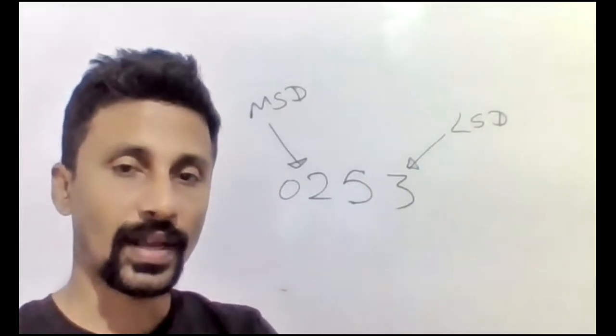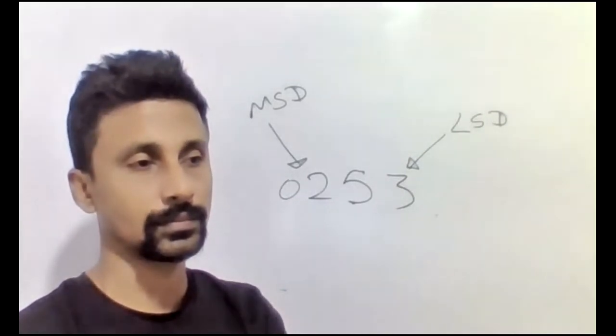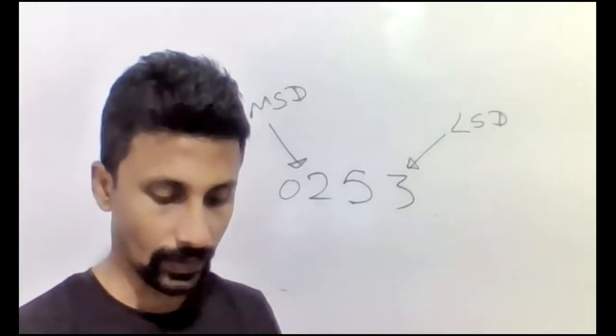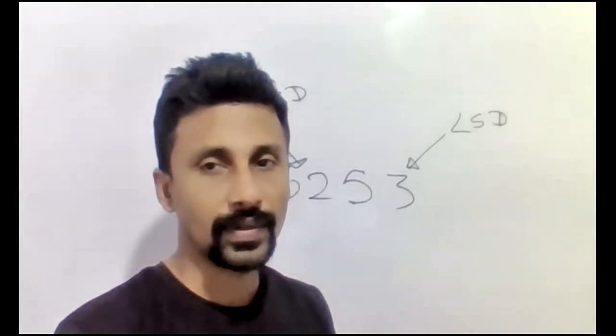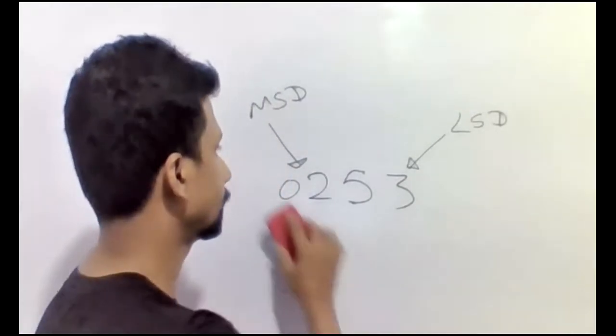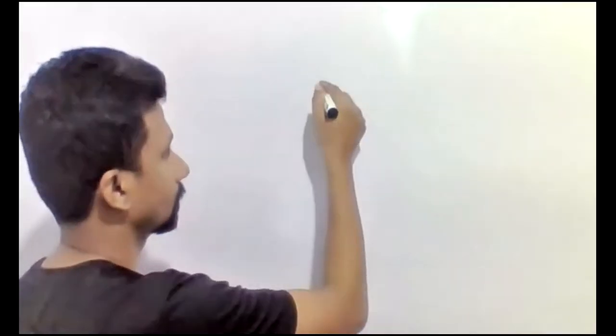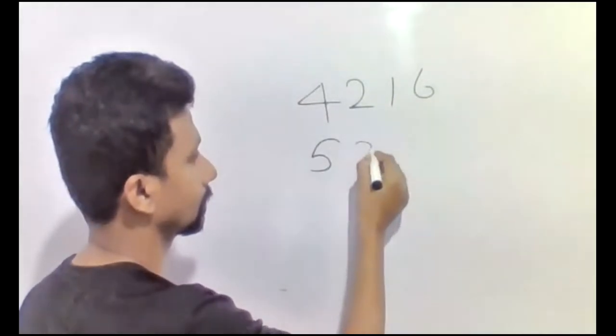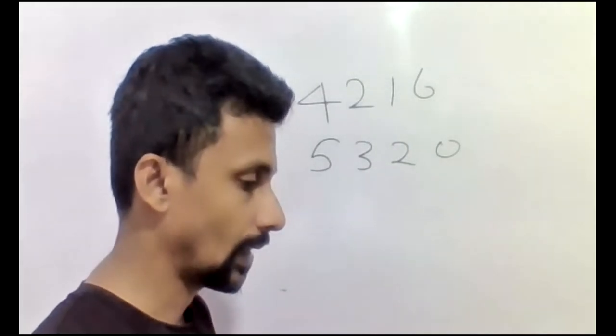If you get a decimal or fraction value, take the non-zero first value on your left hand side as the most significant digit.